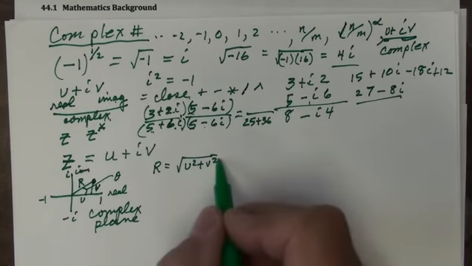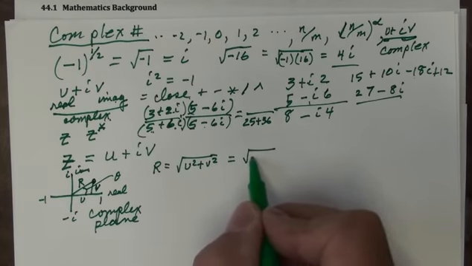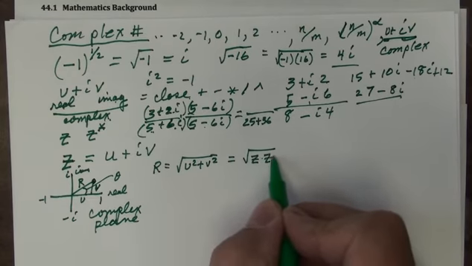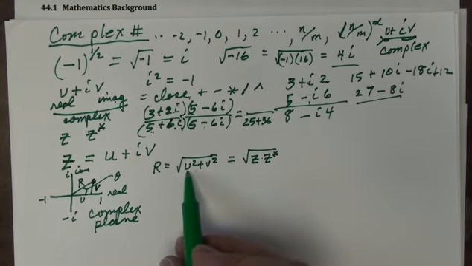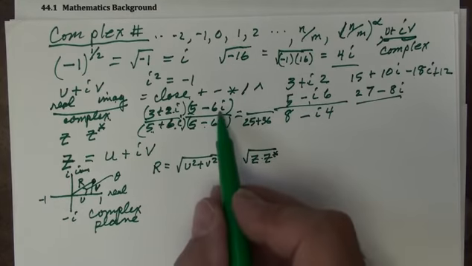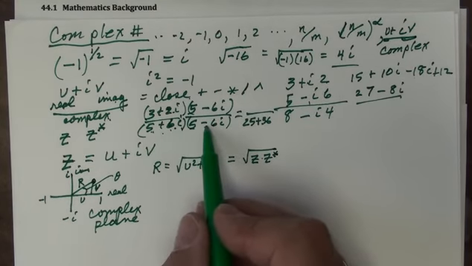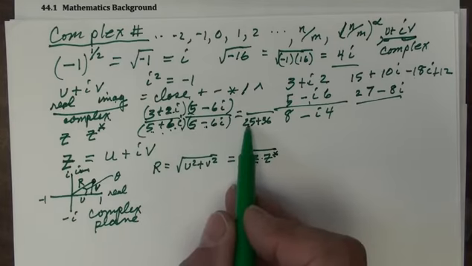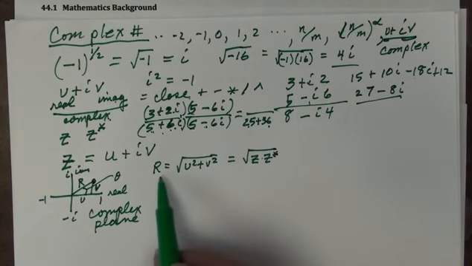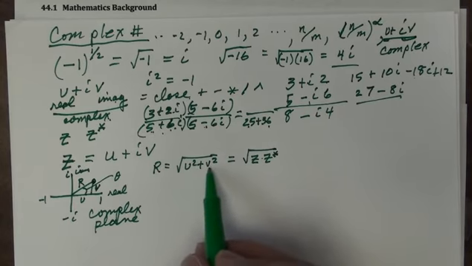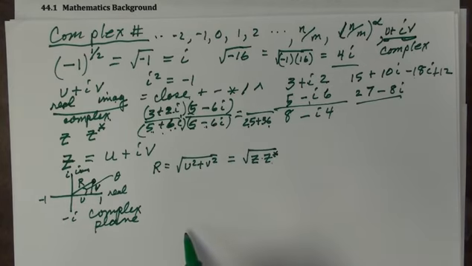Well, what is that? It turns out it's the square root of z times z star. The number times its complex conjugate will always give us u squared plus v squared, which we could see when we multiplied these two together. It gave us the square of the 5 and the square of the 6 added together. So r is the square root of u squared plus v squared, or the number times its complex conjugate.